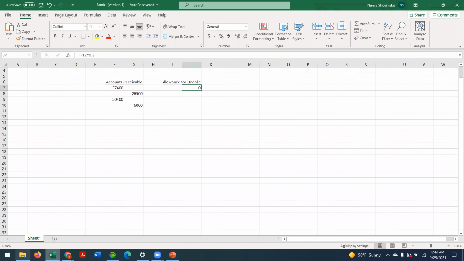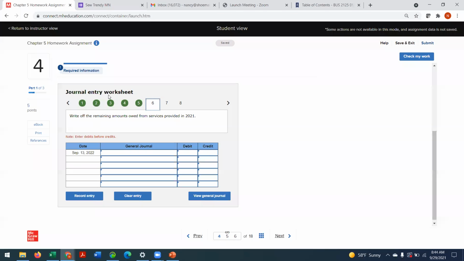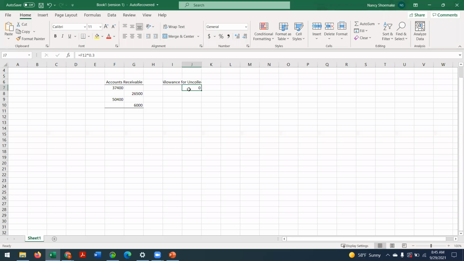And our allowance, I just got to go back and remember what I showed there. Our allowance for uncollectibles was 3,270. So I had 3,270 sitting here. Okay.